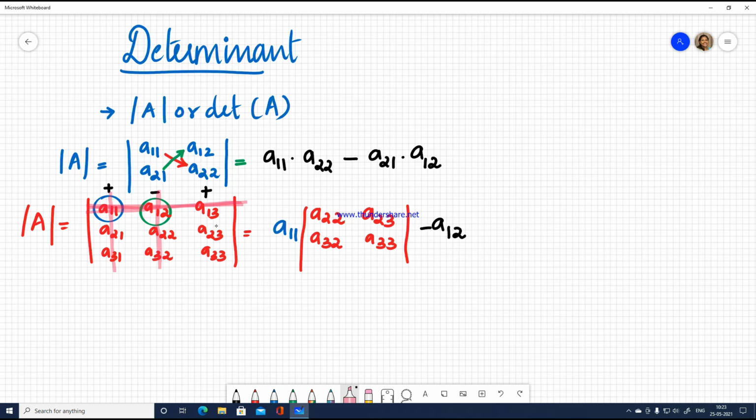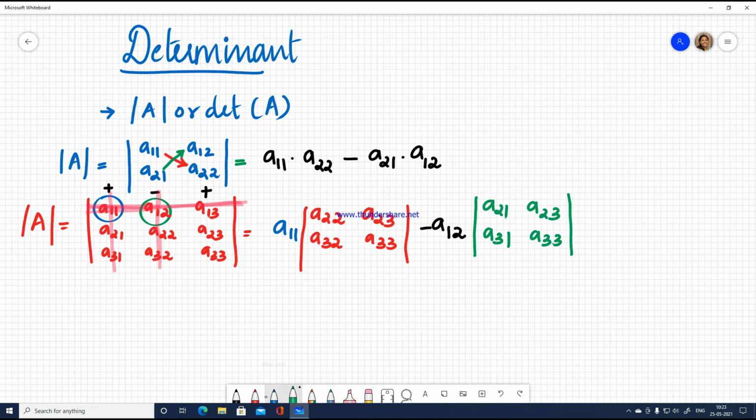That submatrix is a minor, and I'll call it the minor of 1, 2. So it is the determinant of A21, A31, A23 and A33.